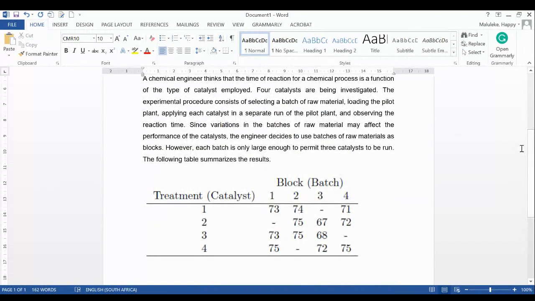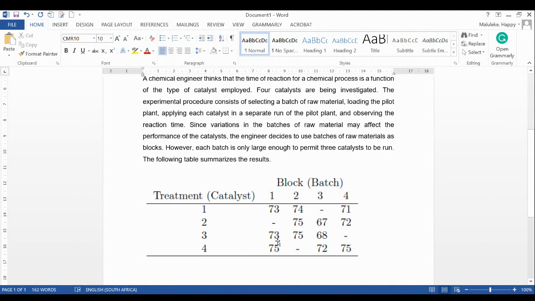Looking at this problem, you're told that we have 4 treatments and 4 blocks, but each treatment is appearing how many times? Each treatment is appearing 3 times.